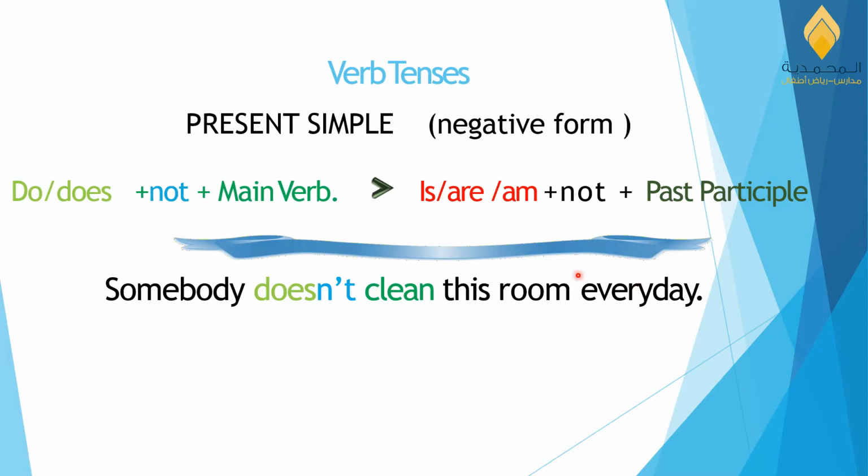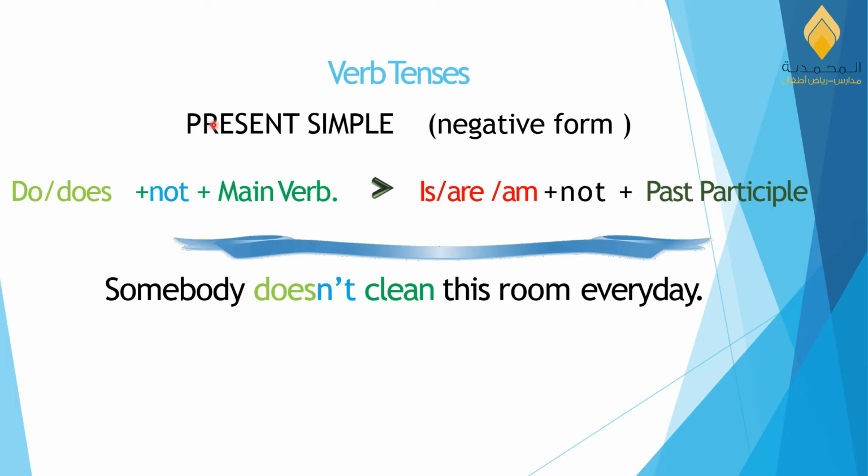Where is the object? This room. Correct. This room, we're going to start the passive sentence with this room. After that, we have to look at the verb. What's the verb tense? In this case, doesn't clean means it is a present simple tense.